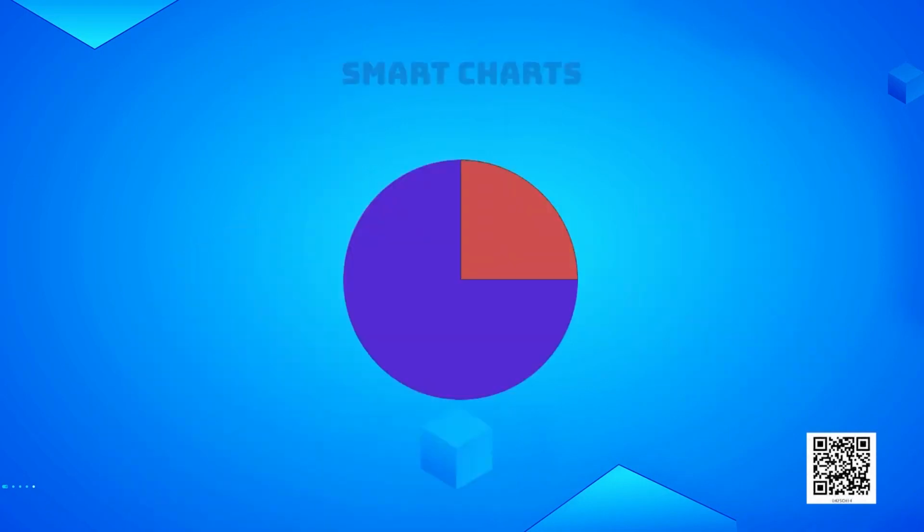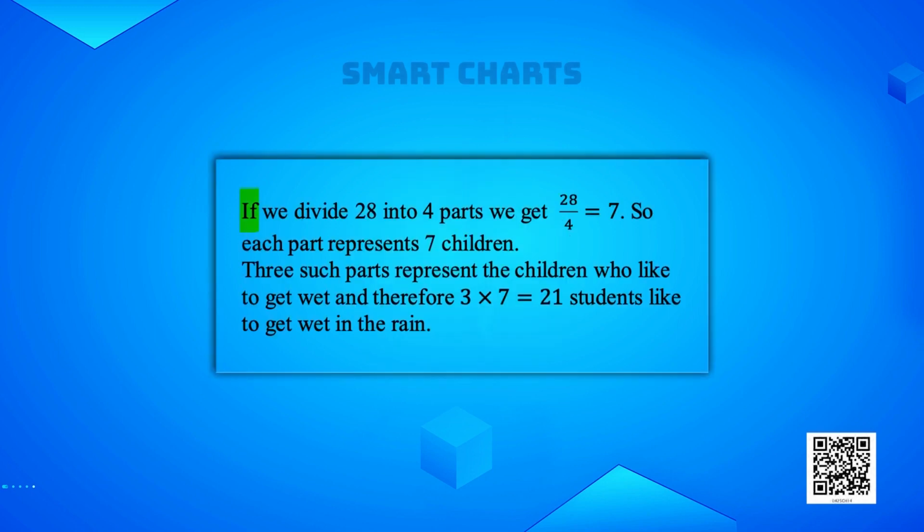Students, suppose in a class there are 28 students, can you find the number of students who like to get wet in rain? We know that 3/4 of children like to get wet in the rain. So, if we divide 28 into 4 parts, we get 28 by 4, that is equal to 7.